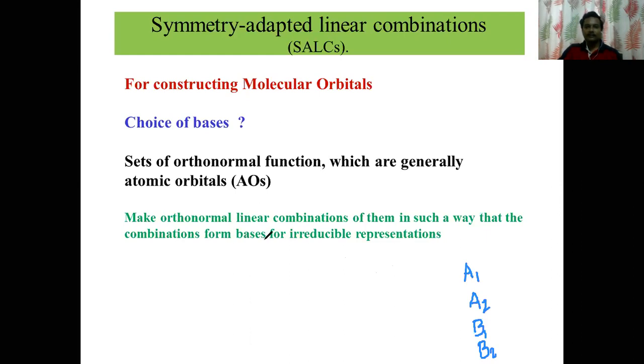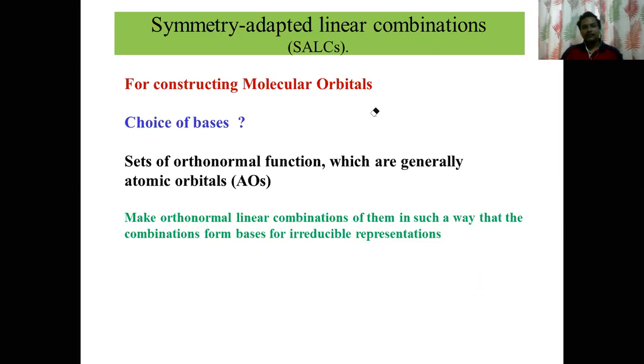And the second thing is that those combinations are going to be orthonormal, because any set of functions is acceptable if it is orthonormal, right? So these are the things we have to remember. Now I remove this.